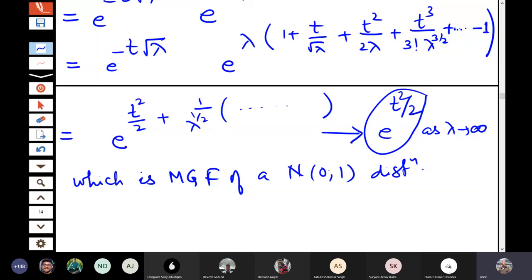That means we start with any Poisson distribution. And now let us relate this with whatever statement I gave earlier. I said that if I am considering the sums or the averages, then they tend to have a normal distribution. What is the Poisson distribution?